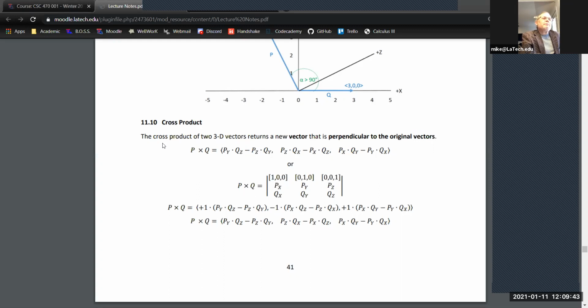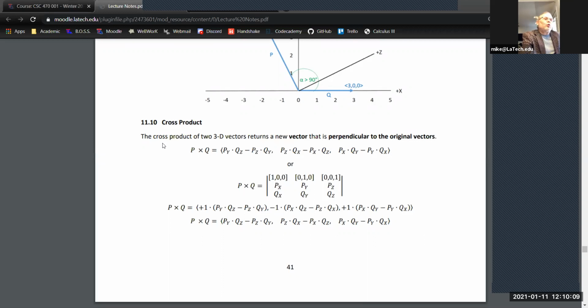To get the Y component, you mark off the first row and the middle column, and now you have PX times QZ, and you have PZ times QX, another little X that crosses those. Now, the way things work, there's kind of a plus-minus mentality that goes on.